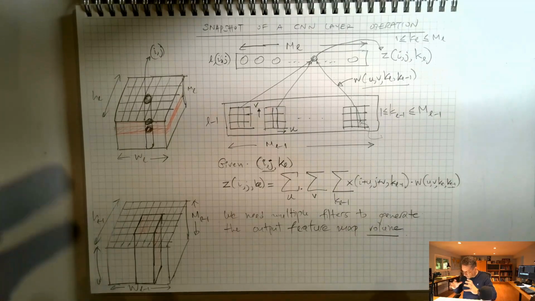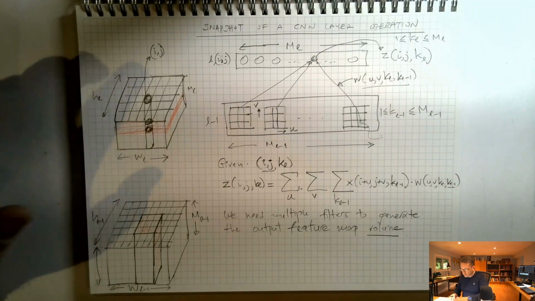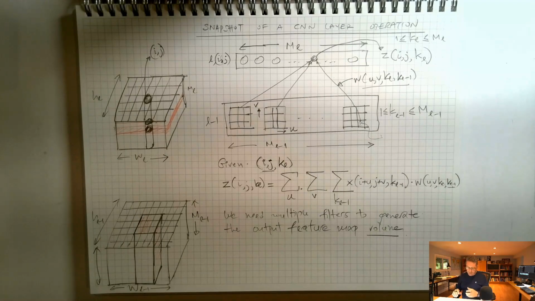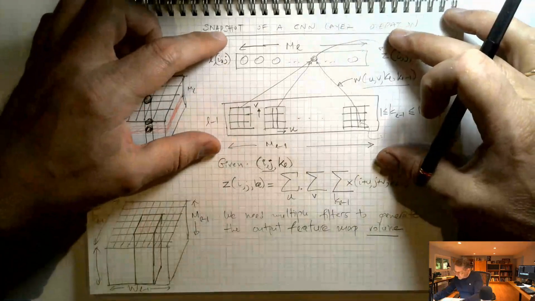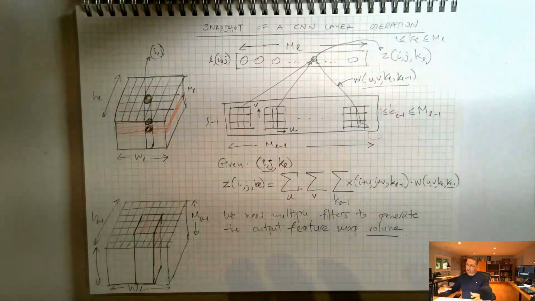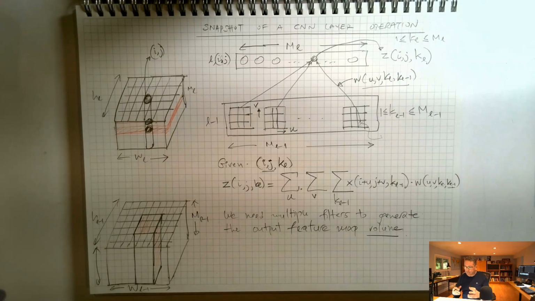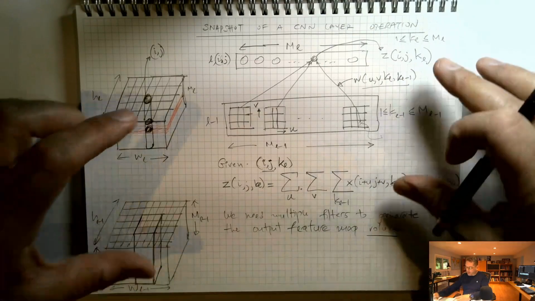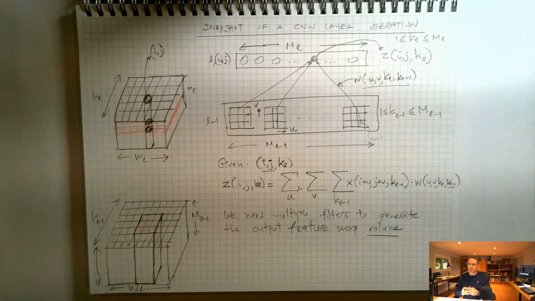So for a volume, for the whole output feature map, we need to be creating multiple filters. In fact, this thing over here is really the connectivity diagram of the convolutional neuron, what we call a convolutional neuron. A single filter is that, and the operation we see over here is the operation of the convolutional neuron.